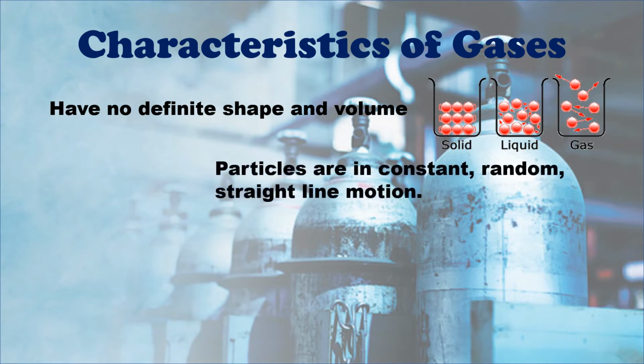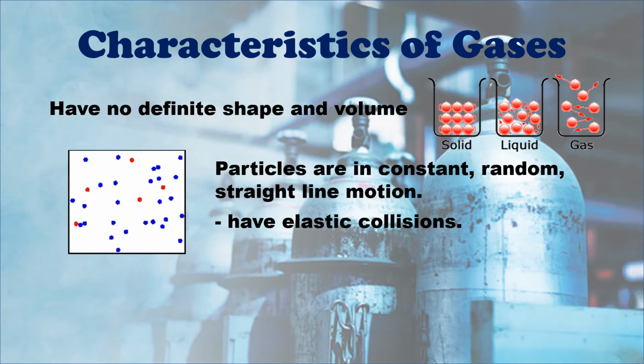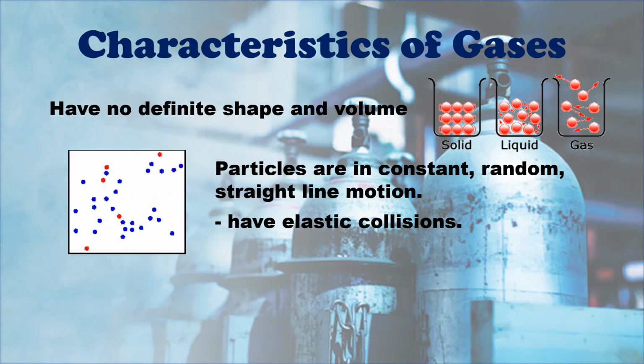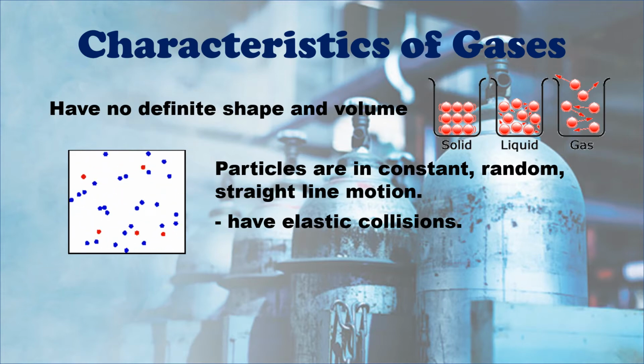The second characteristic of gases is that particles of gases are in constant random straight line motion and they have elastic collisions. As you can see on the animated picture here, these are gas particles moving in random and straight lines only. And they have elastic collisions.